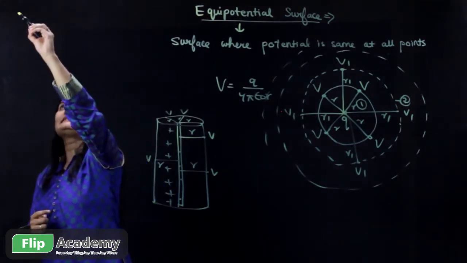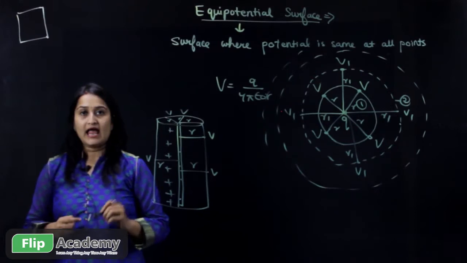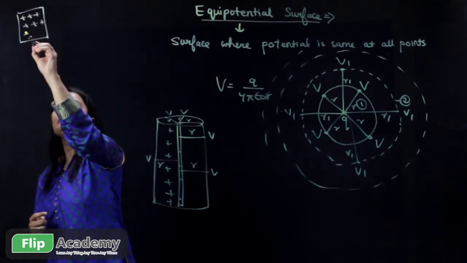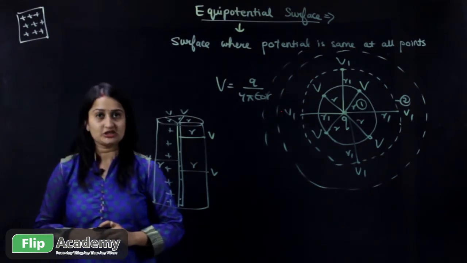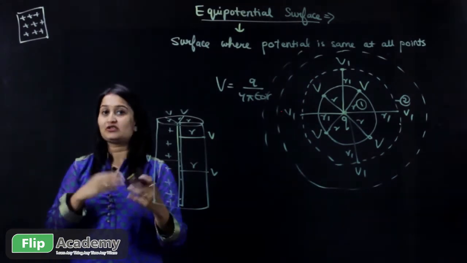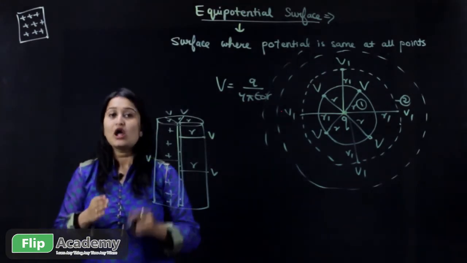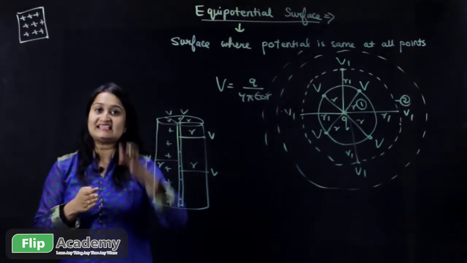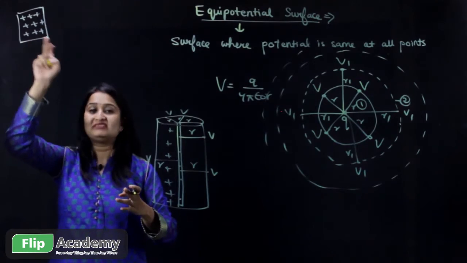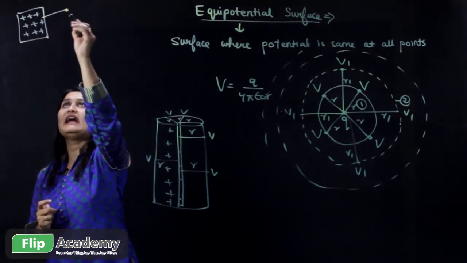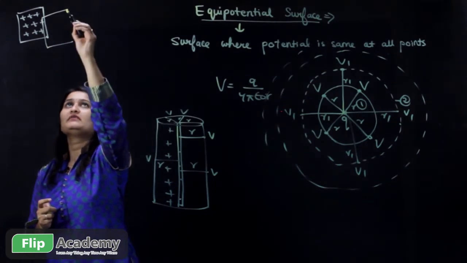If this is a sheet, and I am asking you that all the charges are uniformly distributed over the sheet of charge, in that condition, what is the equipotential surface? The equipotential surface is also a sheet which is placed in parallel to that of this sheet of charge. How it looks like? It looks like this particular diagram.